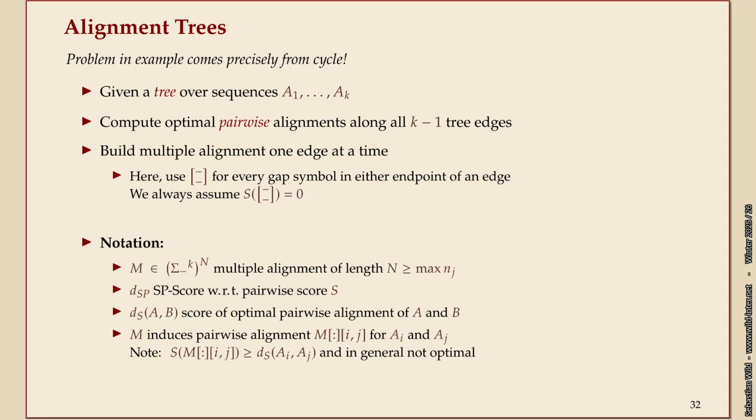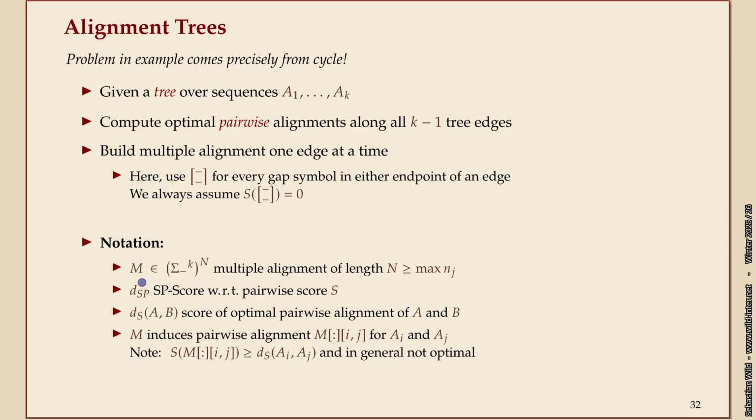For the quick analysis that will come, a bit of notation to make things concrete. Capital M will be the multiple alignment. So think of this as this matrix of letters or gap symbols. Again, formally, it's a sequence of columns, and each column consists of k letters from this blown up alphabet, the actual alphabet and the gap symbol.